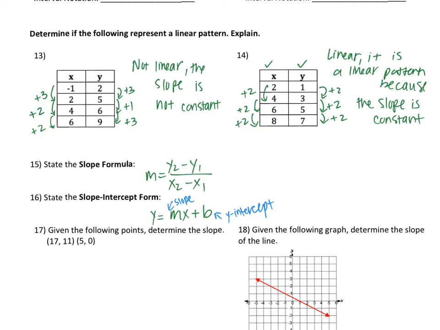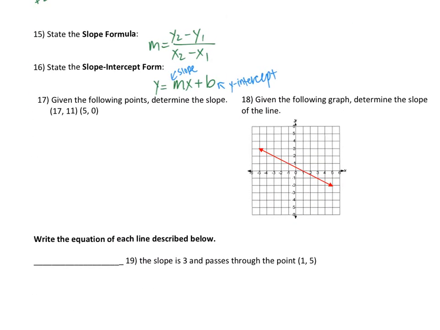So let's practice some of these skill sets. Looking at 17 here, it's asking, given these 2 points, determine the slope. If you have 2 points, that's a perfect time to use the slope formula. So let's go ahead and plug things in. You can call this x1, y1, your first coordinate point, and then this could be x2 and y2.